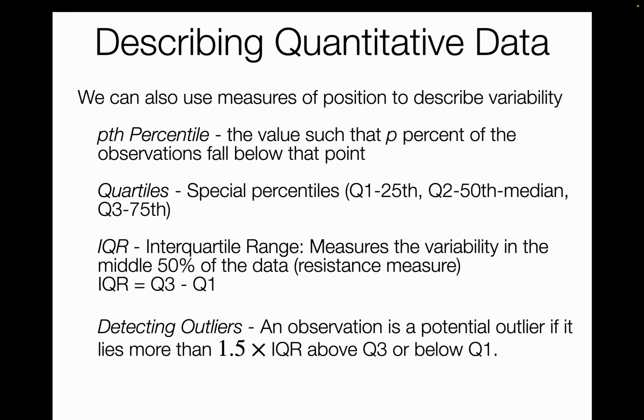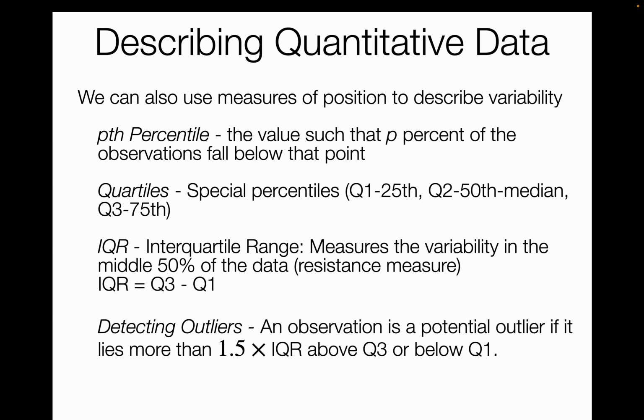So if my data points were 10, 15, 20, 25, and then 15,000, I think everyone would be able to say that 15,000 is an outlier, but some outliers are not as easy to detect. A way, I'm not saying it's the best way or the only way, to detect outliers is to use the IQR.